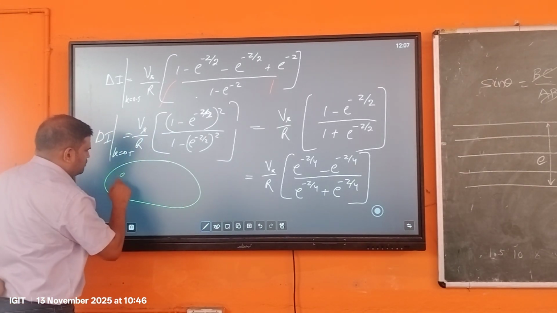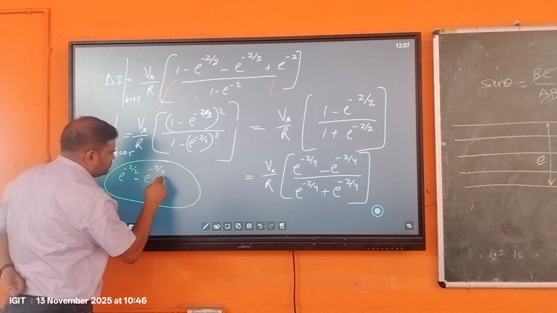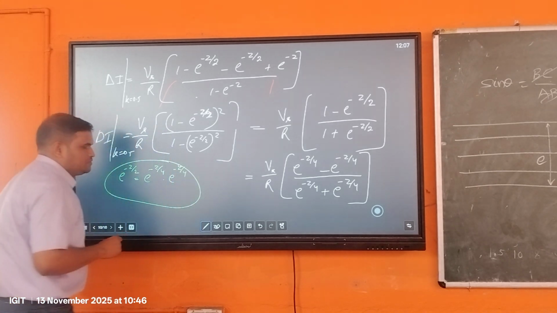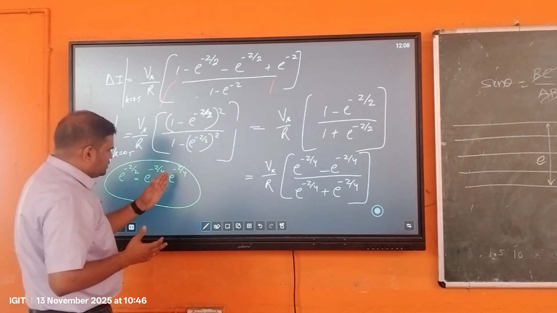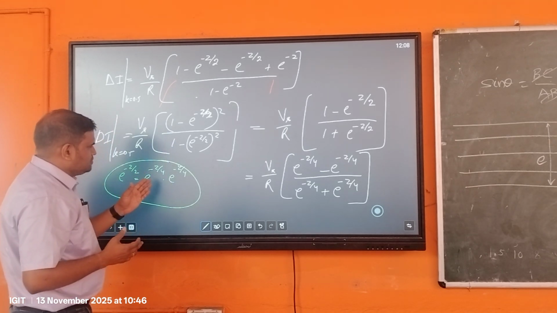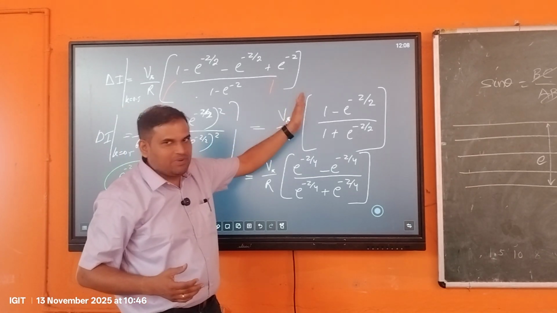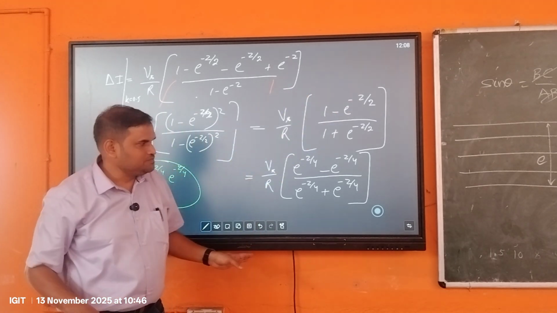Like e to the power minus z by 2, can I write it like e to the power minus z by 4 into e to the power minus z by 4? We can write. Then I multiply both the sides on the top and the bottom. Then it looks like this, simple.